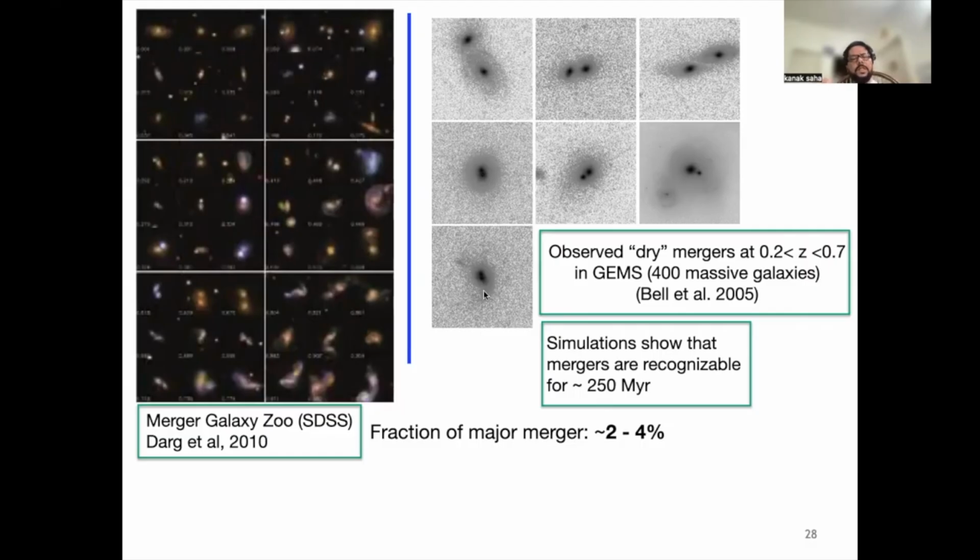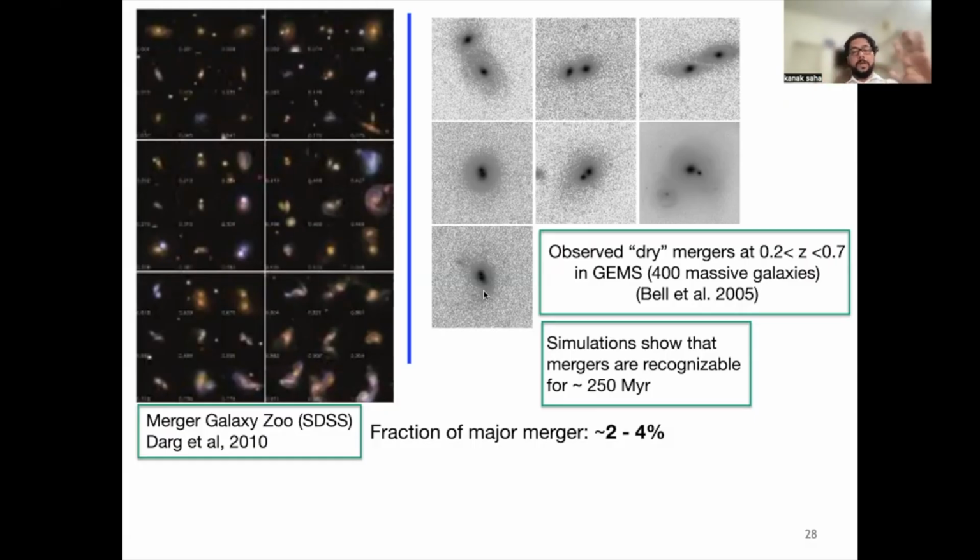Now this is also very difficult to observe, because we know from the simulations that mergers are recognizable for only about 250 mega years. If we wait long enough, they will merge, so we wouldn't see them, right? So it's a very difficult window and timing that is required to actually detect them.